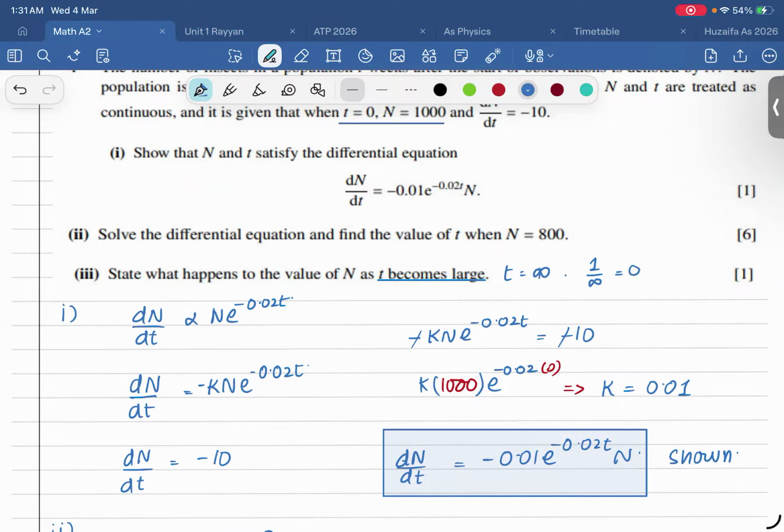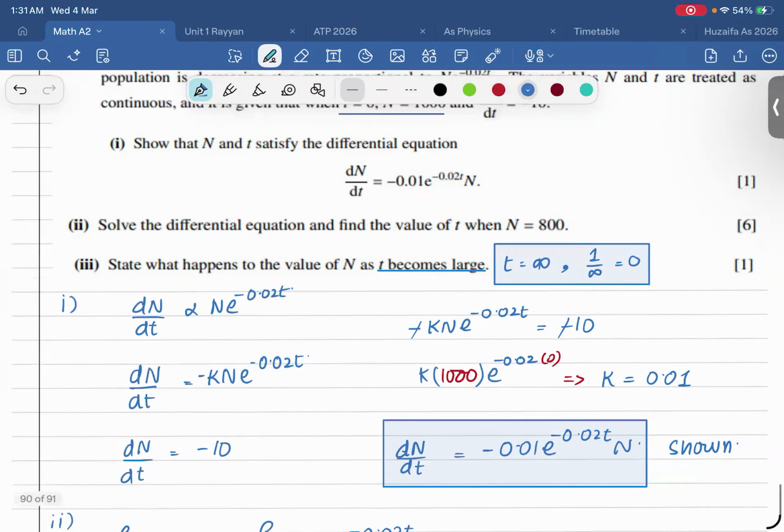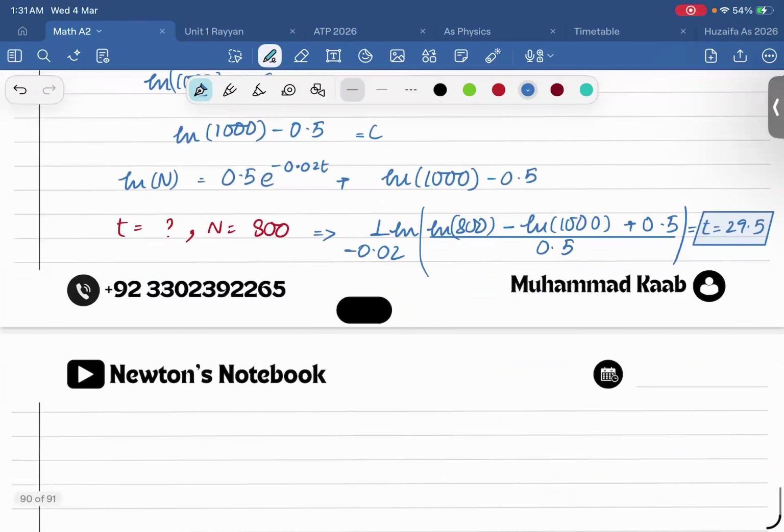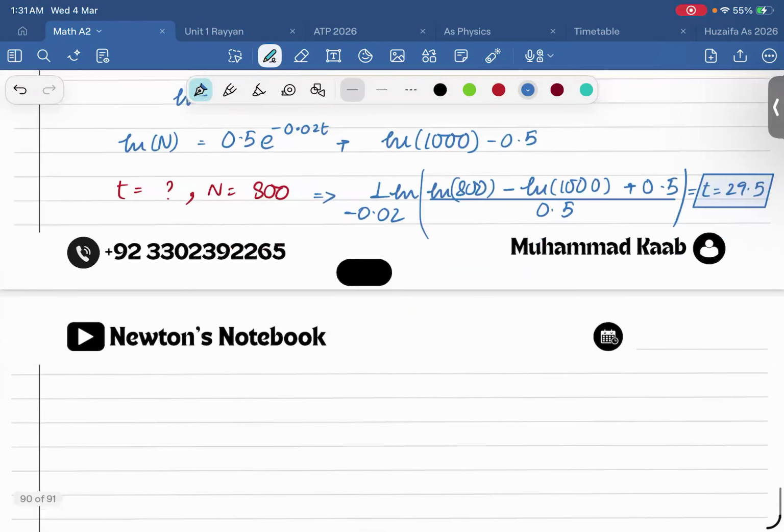These are the two things that you need to know when answering this type of last part. If anything becomes too large, that would be infinity, and if anything becomes too small, that would be negligible, like 0. So you can just put 0 there. So the equation that I'm getting is this equation.